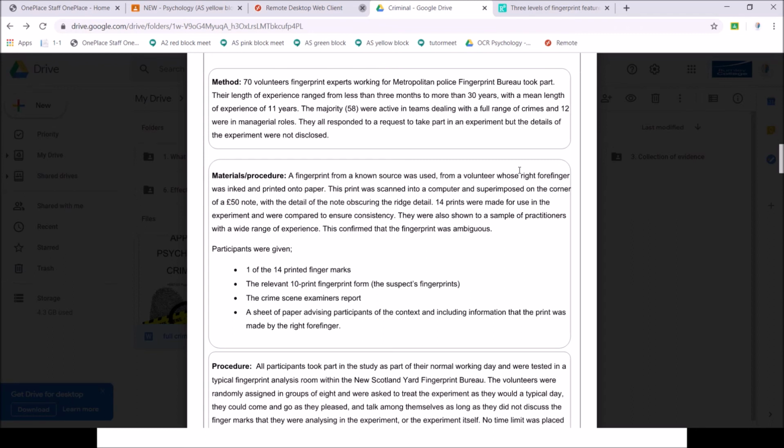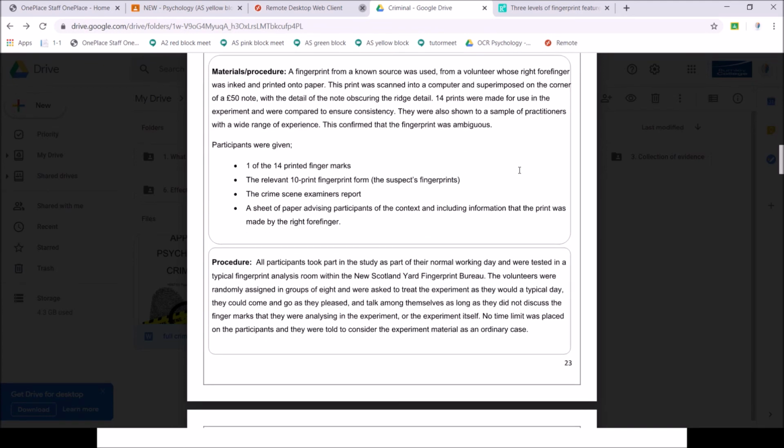They were also shown to a sample of practitioners who agreed that this fingerprint was ambiguous. Participants were given one of the 14 printed finger marks, 10 fingerprints from who they were claiming was the suspect, the crime scene examiner's report, and a sheet of paper advising participants of the context of the crime and things like that.